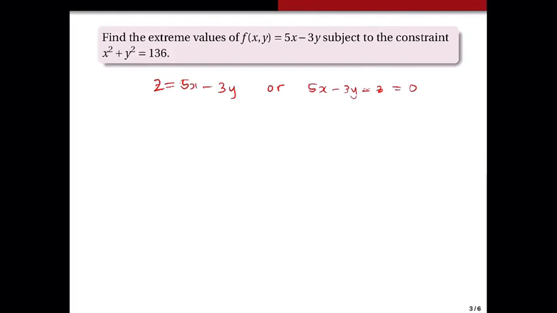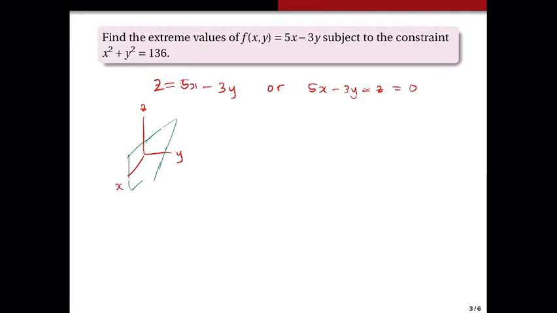So this plane contains the origin. So maybe we have the three-dimensional space here. This is x, this is y, this is z. And then we have some plane that maybe looks like this.